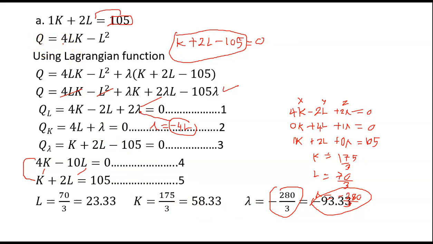That's the meaning. There will be an increase of approximately 93.33 in the objective function, if there is an increase of 1 in the constant of the constraint function. That's the meaning of that value you've gotten over there. But the question just asked us to find the maximum level of L and K. So that's the answer to it.